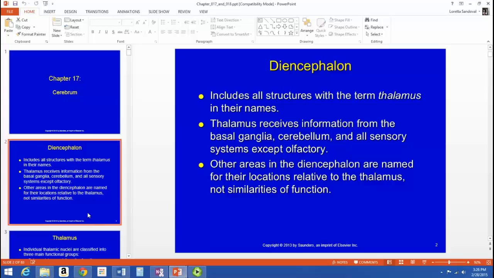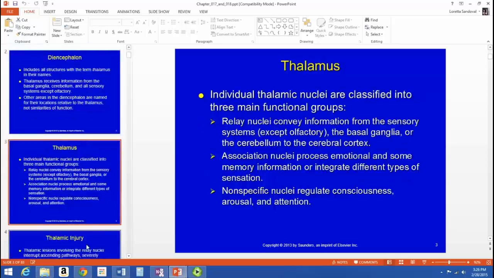Other areas of the diencephalon are named for their location relative to the thalamus, not similarities of function. They all do different things. There are all these different thalamic nuclei, and they're classified into functional groups. I don't really expect you to know the functional groups. Again, I'm just kind of exposing you to this information so you have the big picture.